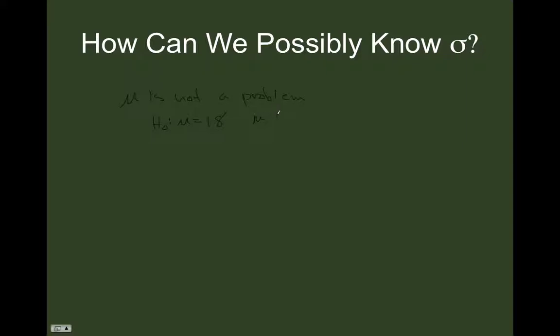So mu is always known based on the null assumption, based on H naught, okay? Now, sigma generally is not known.